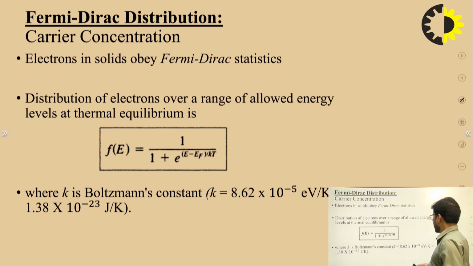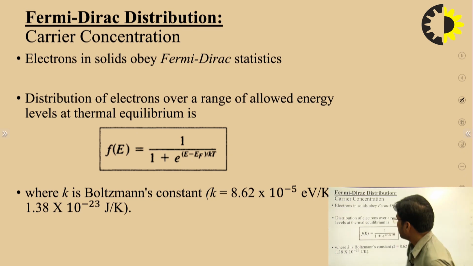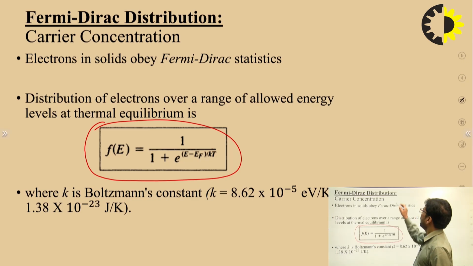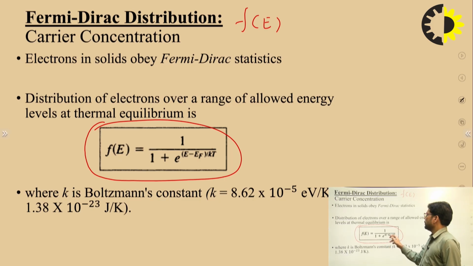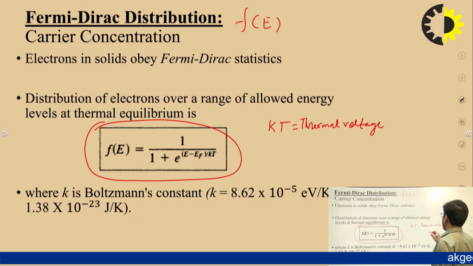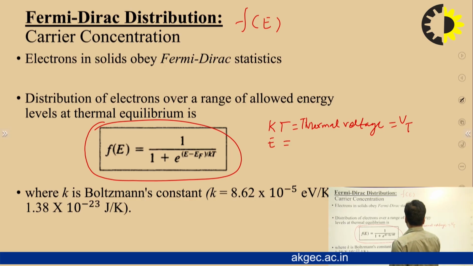This is the Fermi Dirac distribution formula, denoted by Fe, and the formula is 1 upon 1 plus e to the power (E minus EF) upon kT, where kT is the thermal voltage, and you can also write it as BT as well, and E is the energy level, and EF is the Fermi energy level.